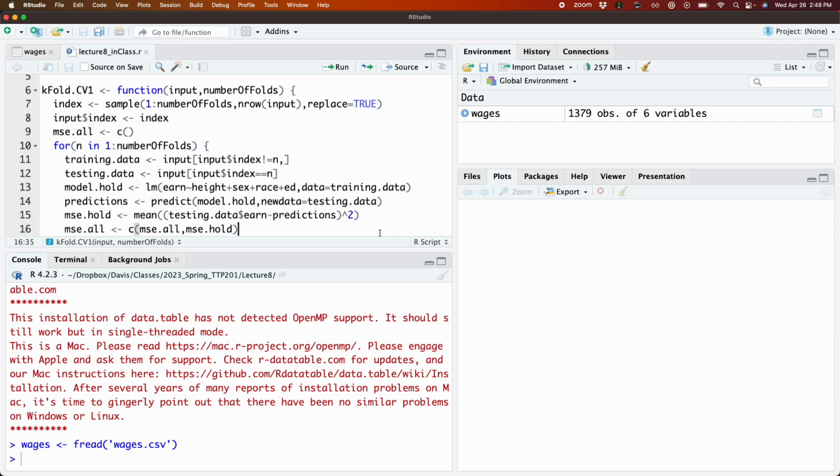Since it's unequal to n, so not equal to n, does that mean it's taking them out there? So let's say k fold is equal to 5, k is equal to 5. And if this is, let's say, 1, then the testing data is everything equal to 1. So how much of the data is in the testing data? How much of the data is in the training data?